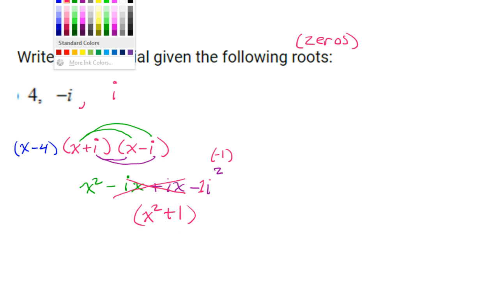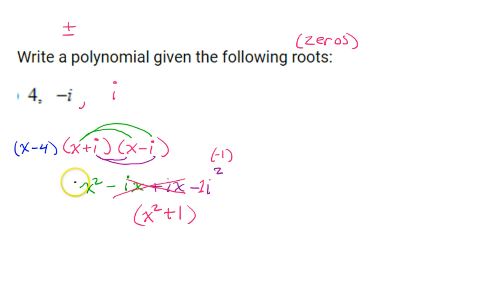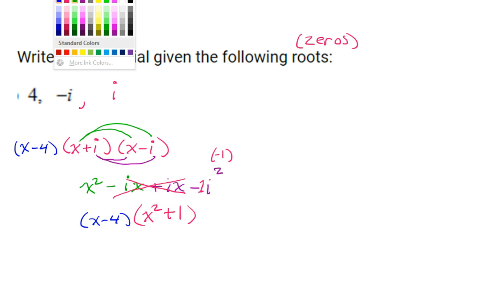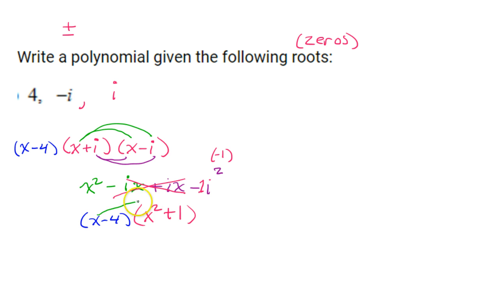Now I'm just going to bring down my x minus 4. I haven't done anything with that yet. So here again I am going to double distribute to multiply these together. If I multiply the x by everything, x times x squared is x to the 3rd power, and x times 1 is x.